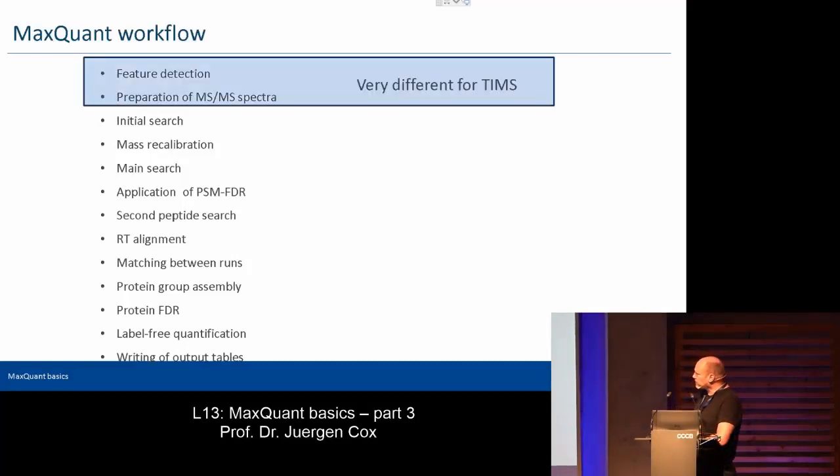But things like feature detection, this is going to be very different because this has now to detect the features in a space that has one dimension more than there used to be.